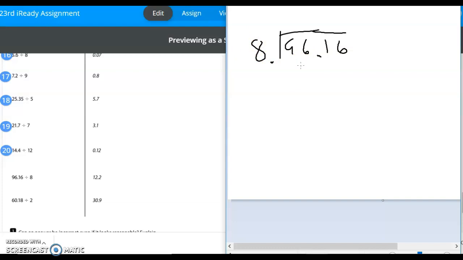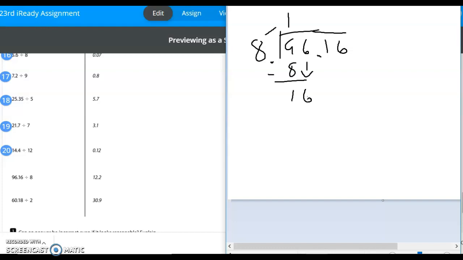So let's do our division. 9 divided by 8 is 1, because 8 will go into 9 one time. 1 times 8 is 8. I'm going to subtract, and I get 1. 9 minus 8 is 1. I'm going to bring down the 6, and I'm going to say, how many times does 8 go into 16?